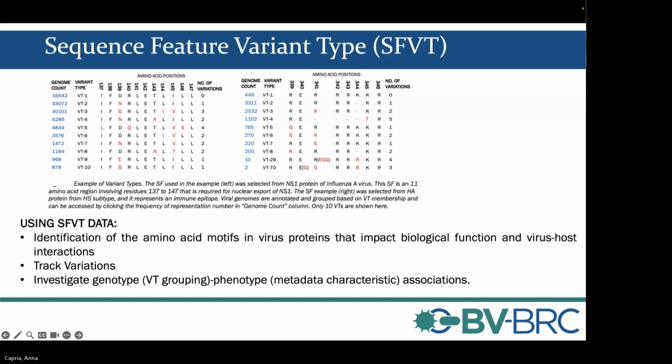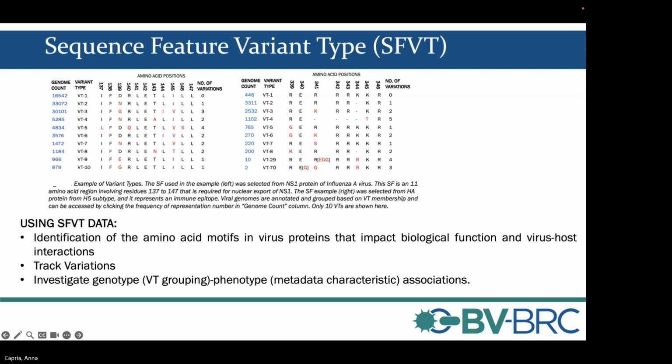So this sequence feature is from amino acid position 137 to 147. And then we also have a column with the number of variations compared to VT1, our reference. So this is how the variant type data looks. If there is something in brackets, that means we have an insertion. If we have dashes, that means we have a deletion compared to the reference.